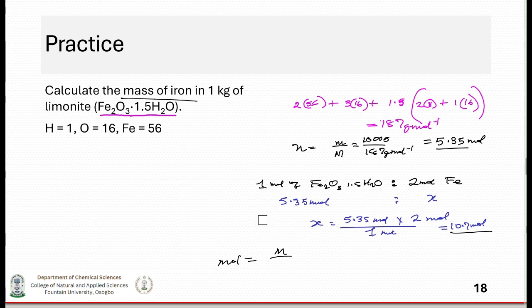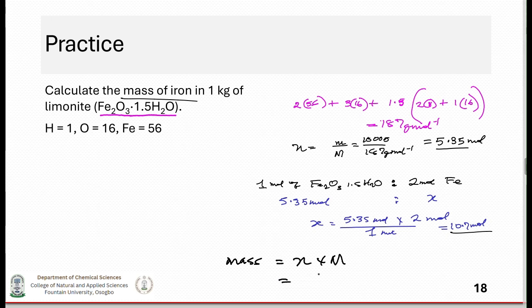So let's put it. We want to get mass, not the mole, so we can rewrite this in terms of mass. So mass equals number of moles times molar mass.